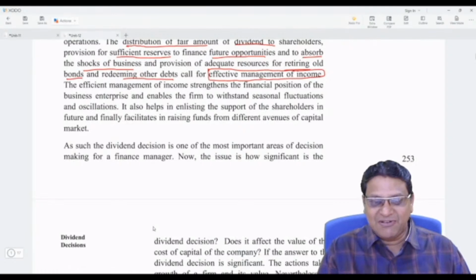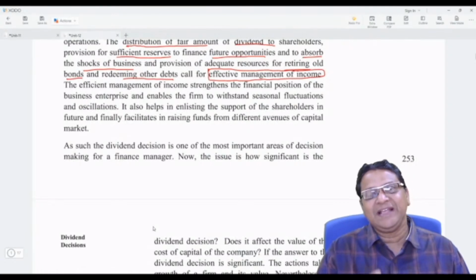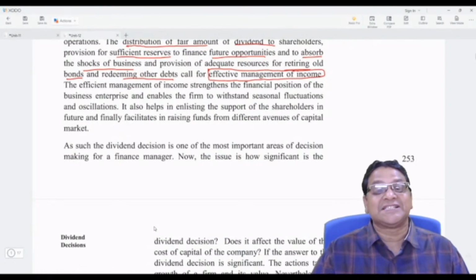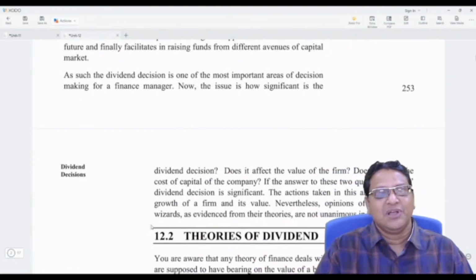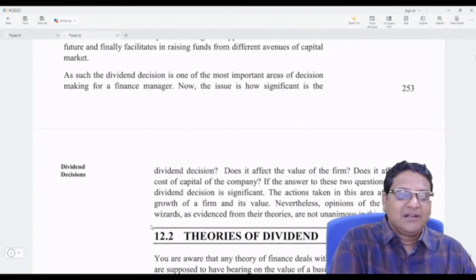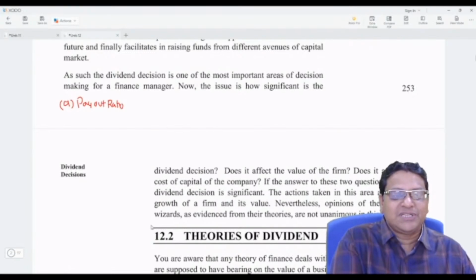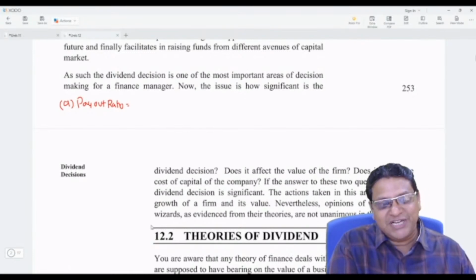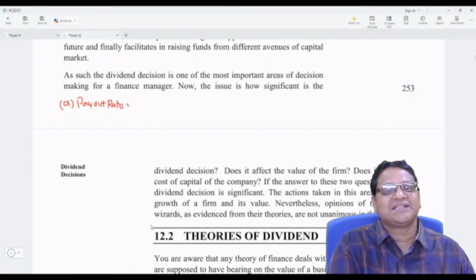So dividend decision is the decision regarding two important ratios. What are the ratios? First ratio is the payout ratio. So what is payout ratio? Payout ratio is the percentage of profit which is distributed to shareholders as dividend.